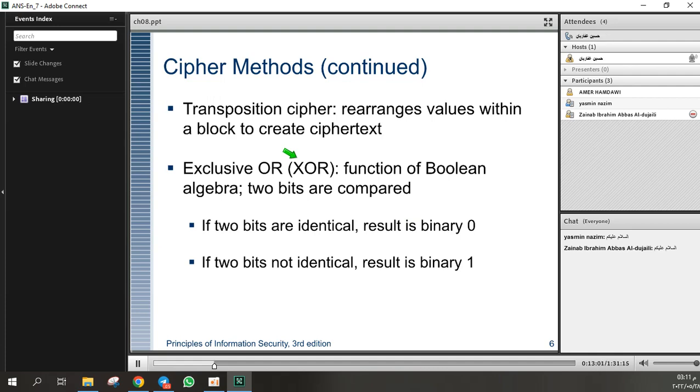We can see that XOR is used widely in cipher methods because it can work with bits, and it can change the values of bits one bit by one bit.